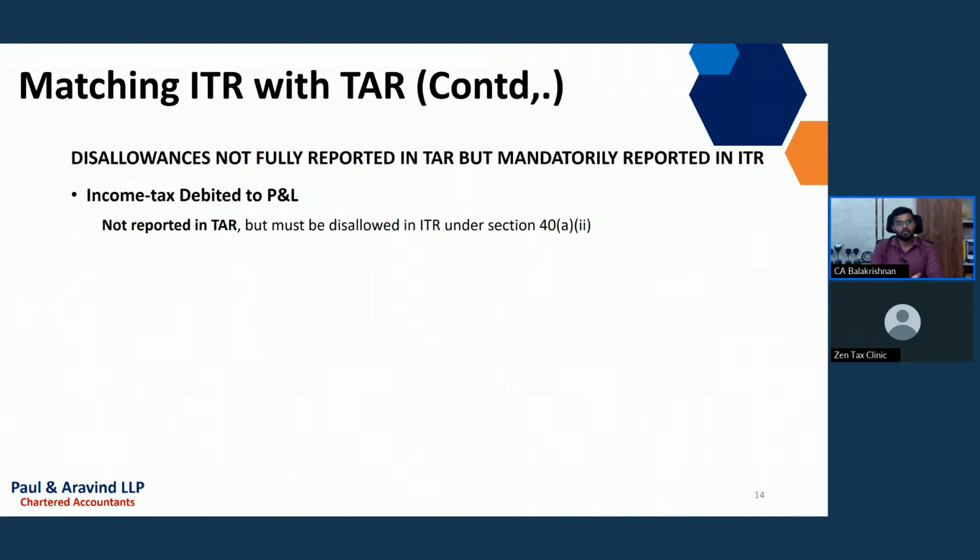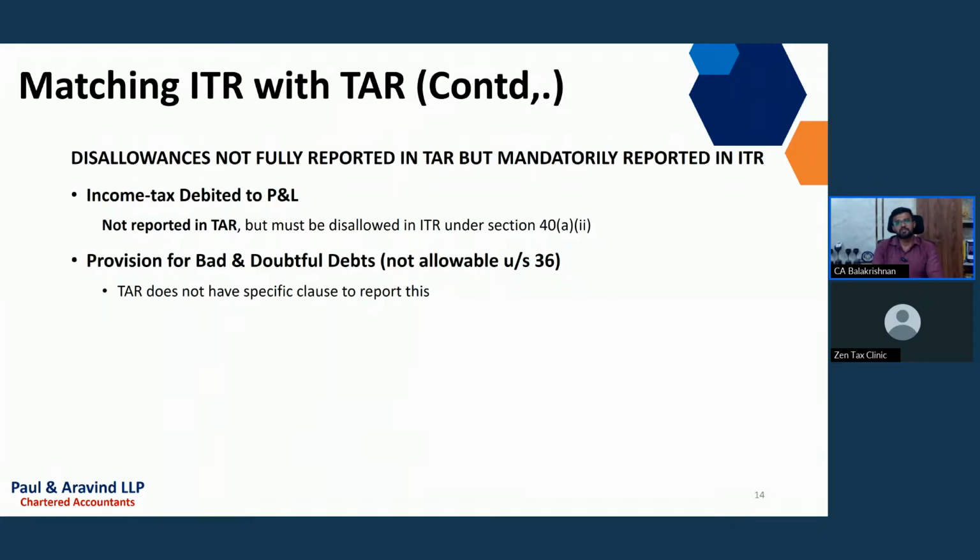For 40A(2), there is no specific clause for reporting. If we report it in personal expenses, and in the ITR we report it as a 40A(2) disallowance, then the assessee will definitely get an income tax notice for the mismatch between the tax audit report and the ITR computation. We are going to disallow the amount as stated in the tax audit report. This notice will definitely be issued by the department. This is a proposed adjustment notice.